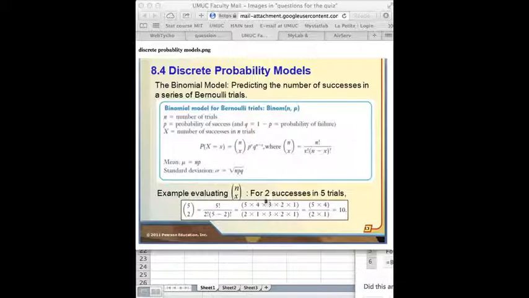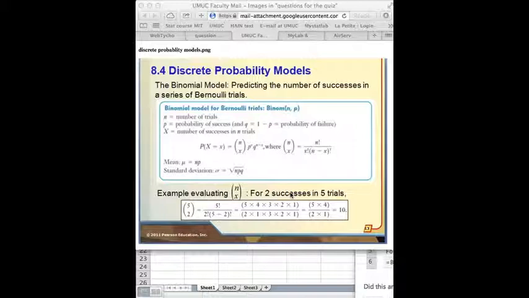So for instance, if we're looking at two successes in 5 trials, it would be 5C2, which based on this definition is 5 factorial over 2 factorial times 5 minus 2 factorial. 5 factorial means you multiply 5 by 4 by 3 by 2 by 1. 2 factorial is 2 times 1, and 5 minus 2 is 3 factorial, which is 3 times 2 times 1. So there are 10 ways in which, if you have 5 trials, you can get 2 successes.